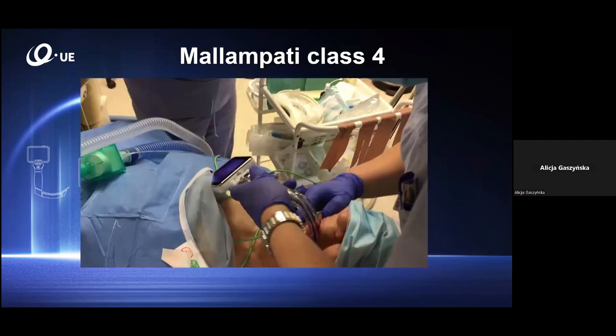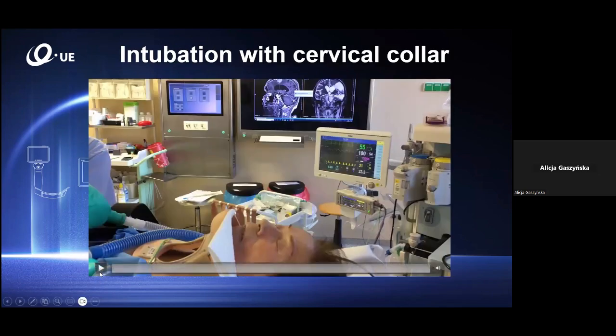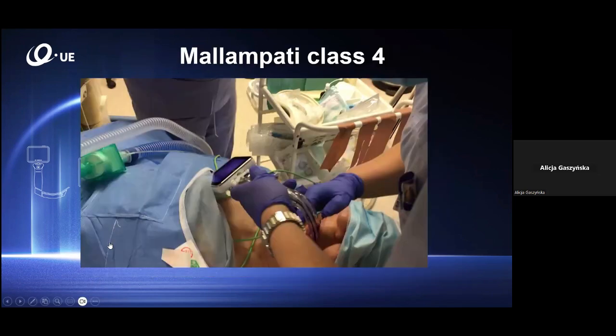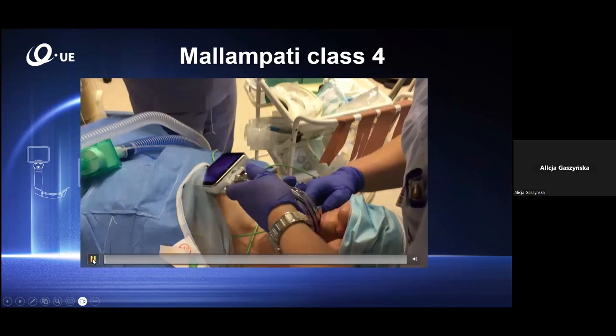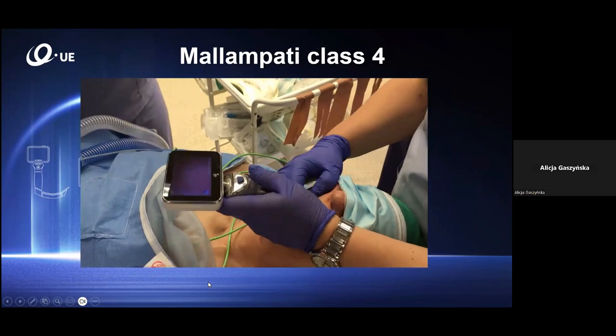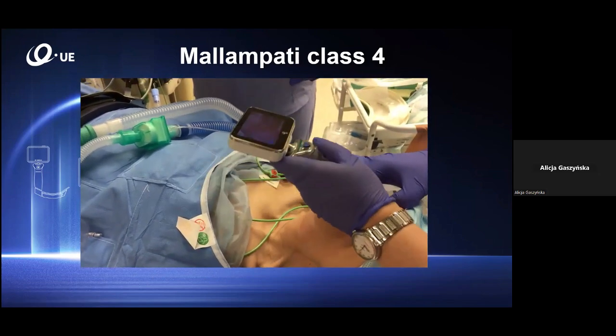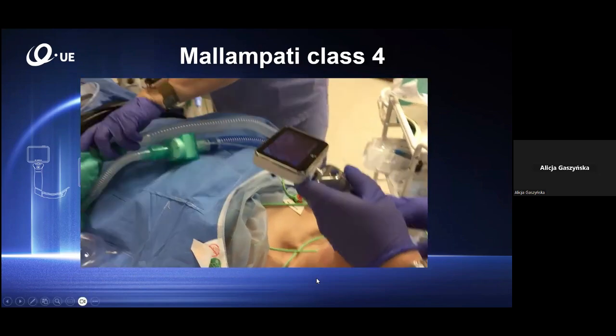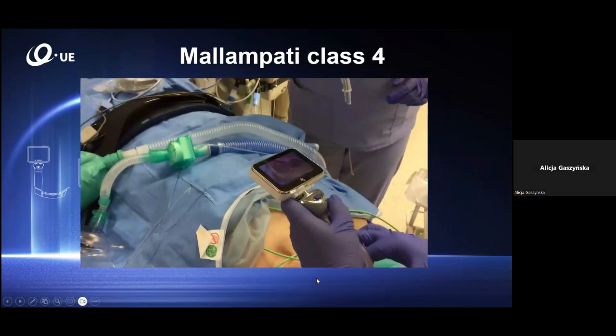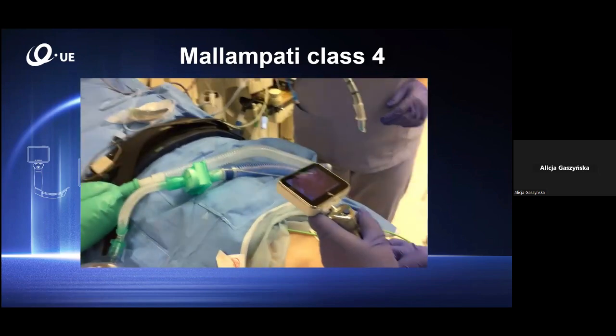And the same with the patients with predicted difficult airway. So the patient with Mallampati class score 4, again, you can see that the intubation is quite fast, although the visualization is not perfect.